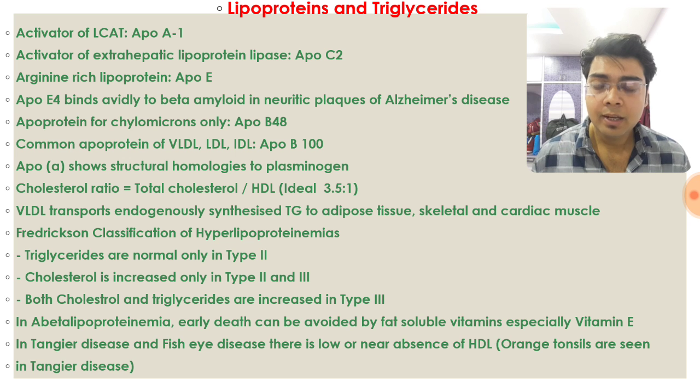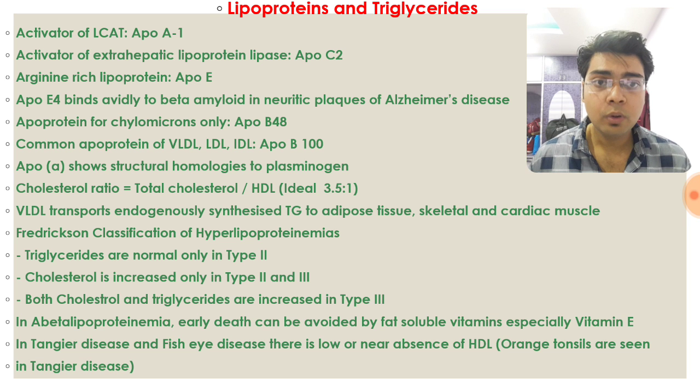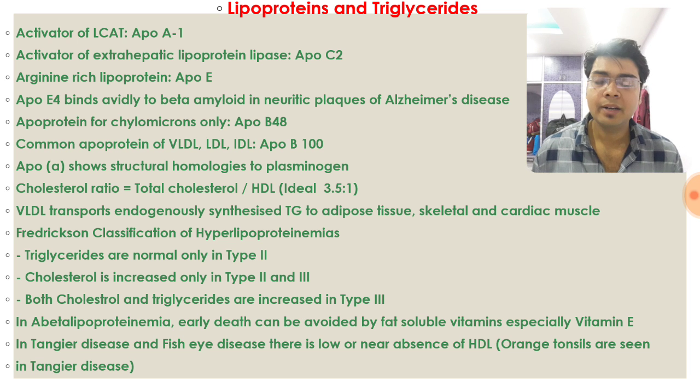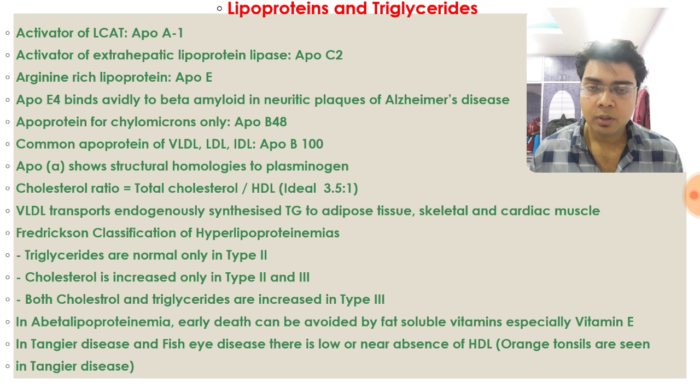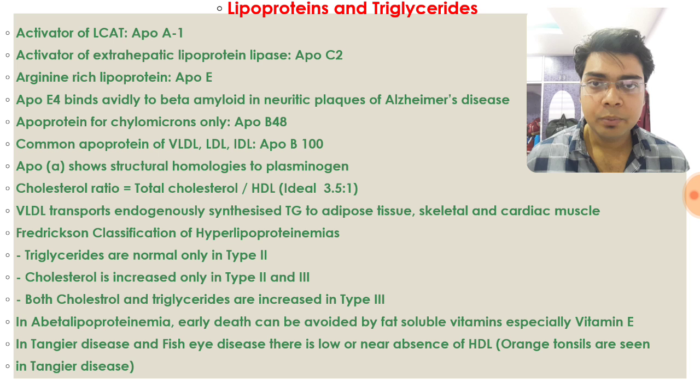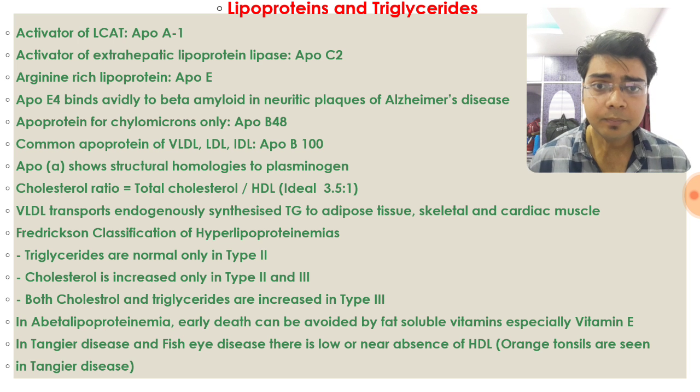I will summarize it by telling you something important: triglycerides are normal only in type 2, while cholesterol is increased only in types 2 and 3. Both cholesterol and triglycerides are increased in type 3. So this is something important. Just revise these hyperlipoproteinemias, the enzyme deficiencies and the things happening in them.